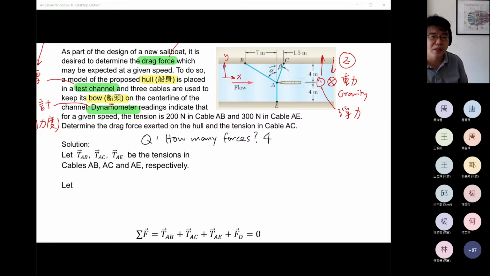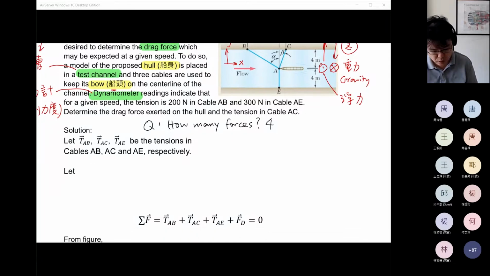Let's put them to one side, and we only deal with these 4 forces. But very good answer. Thank you.